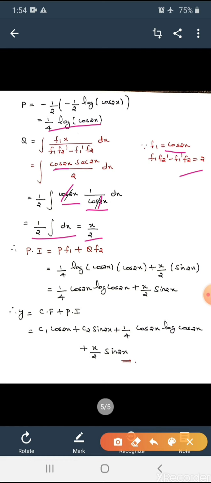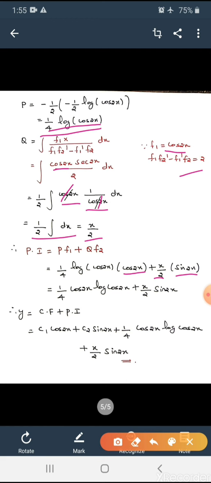Next, let us form the particular integral, PI. PI is capital P f1 plus capital Q f2. That is equal to capital P, which is 1 by 4 log cos 2x, into f1, where f1 is cos 2x, plus capital Q, which is x by 2, into f2, which is sin 2x. So we get 1 by 4 cos 2x into log cos 2x plus x by 2 sin 2x.